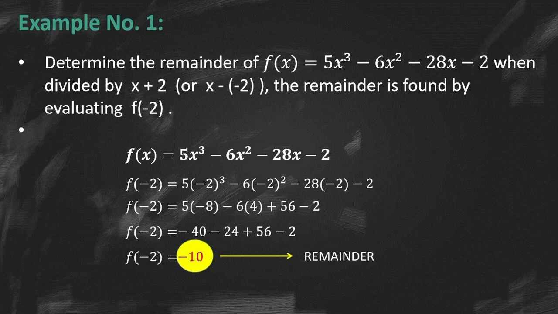Simplifying this, we get f of negative 2 equals negative 40 minus 24 plus 56 minus 2. The result is negative 10. So the remainder of our polynomial is negative 10.